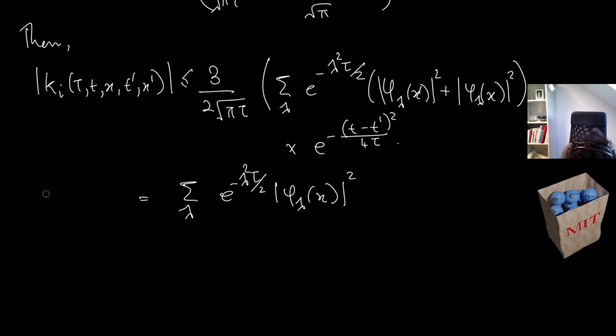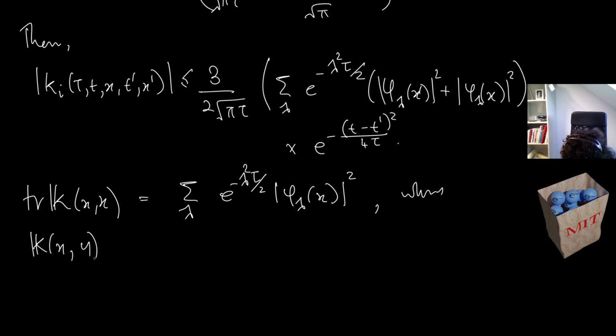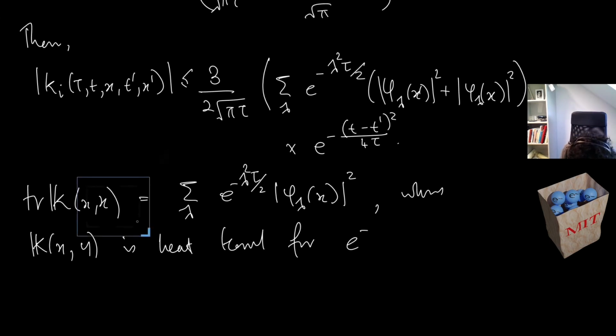Bold K xx is this, where K xy is the heat kernel for e to the minus... sorry, I'm missing factors here. There should be a tau divided by 2.